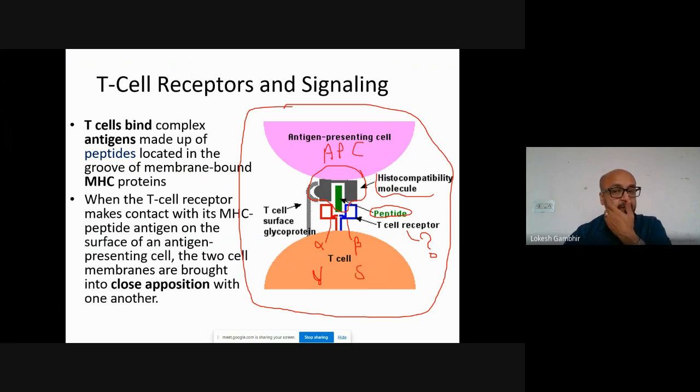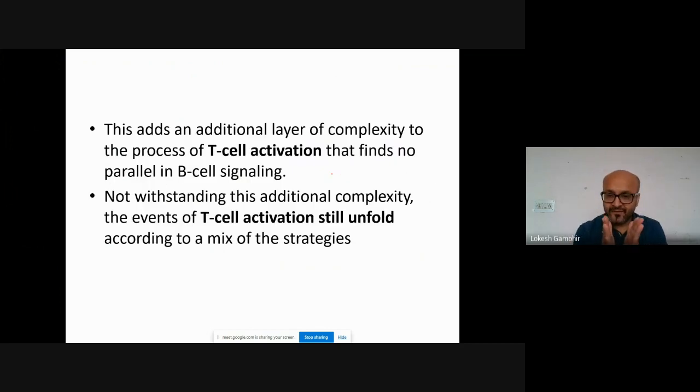Based on the expression of polypeptide chains on the surface of the T cell, we categorize T cells based on their T cell receptors. The T cell receptor makes close contact with the MHC molecule or peptide antigen, and these two membranes are in very close vicinity to each other. That is why T cell recognition of the MHC molecule and T cell activation is very complex compared to what we have discussed so far.